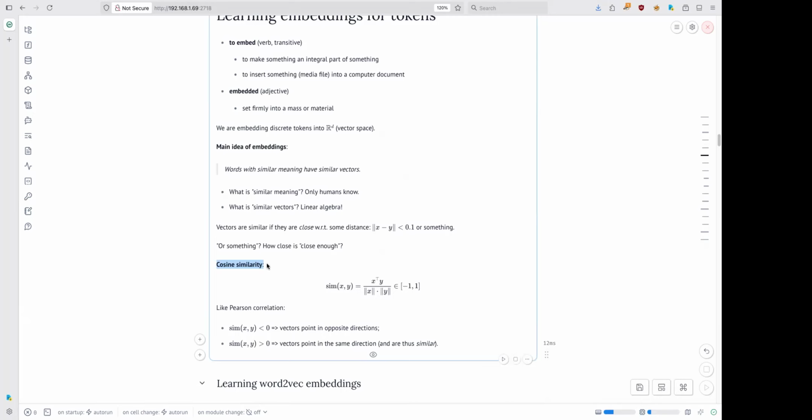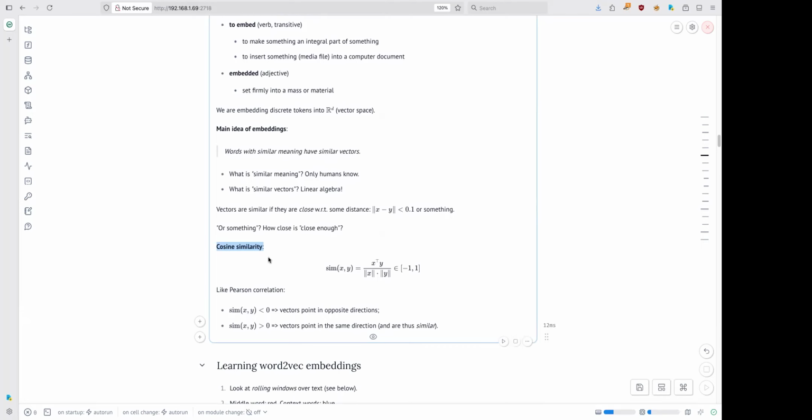And again, I say vectors x and y, but here we are talking about embeddings. Embeddings are just vectors, nothing fancy, so we can do math on them, we can do linear algebra on them.